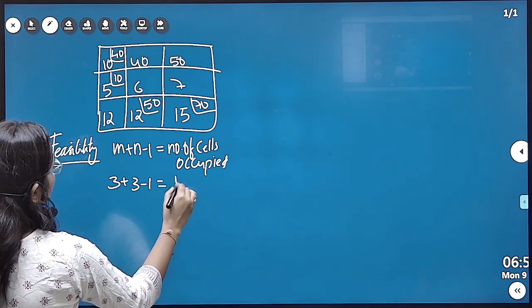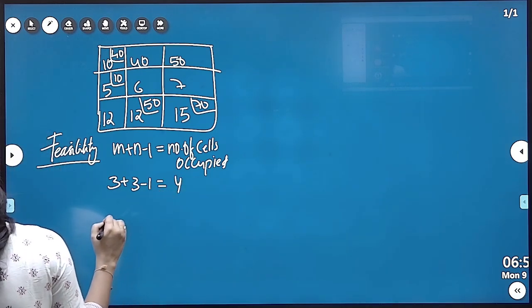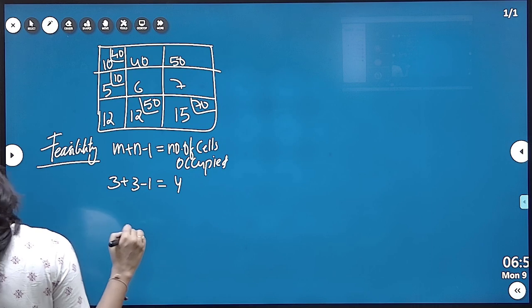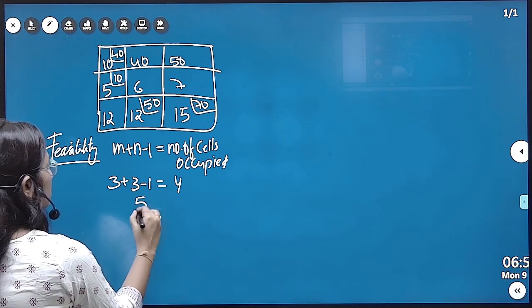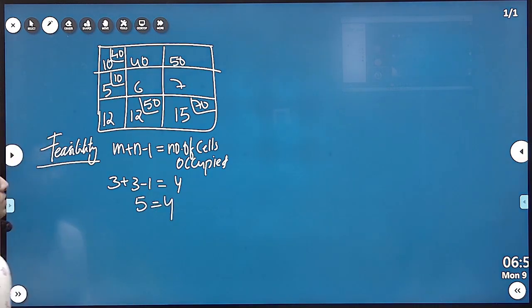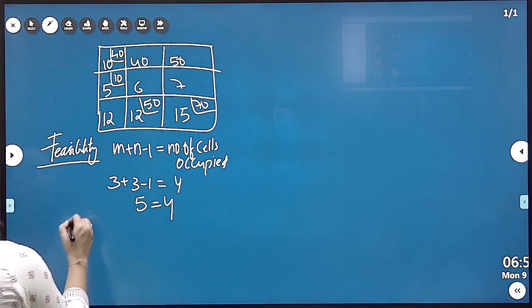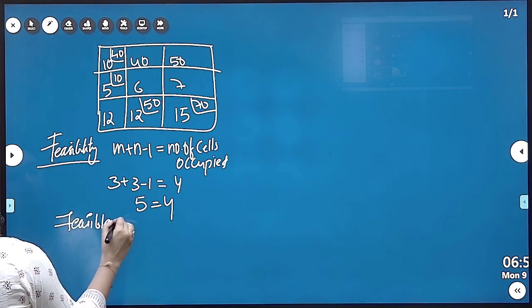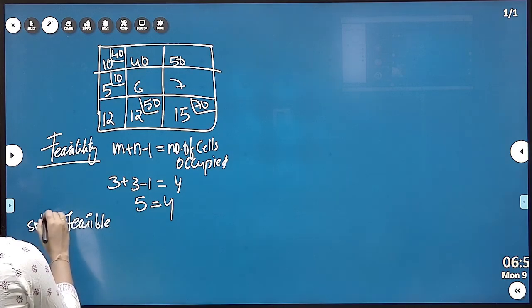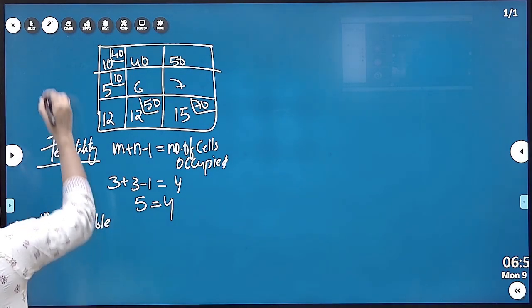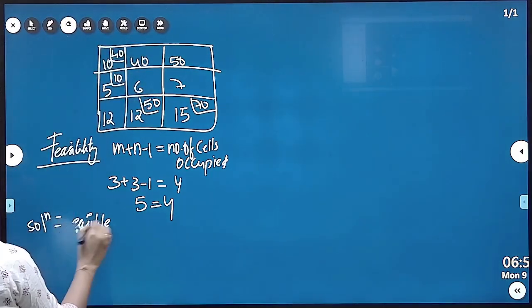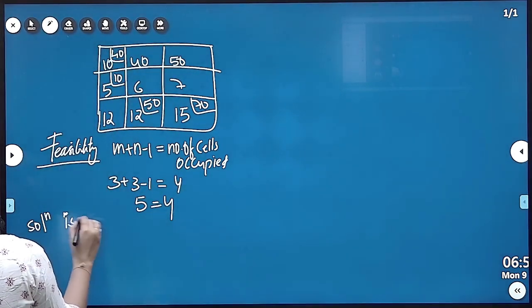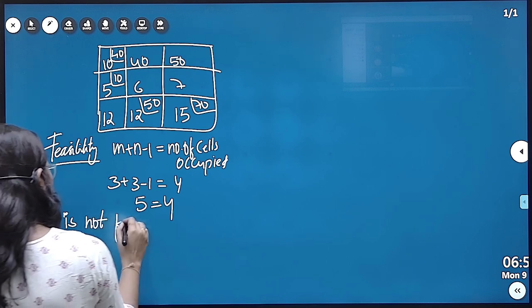Number of cells occupied is 4. So this solution is not feasible. So we need to make it feasible. Write down: solution is not feasible.